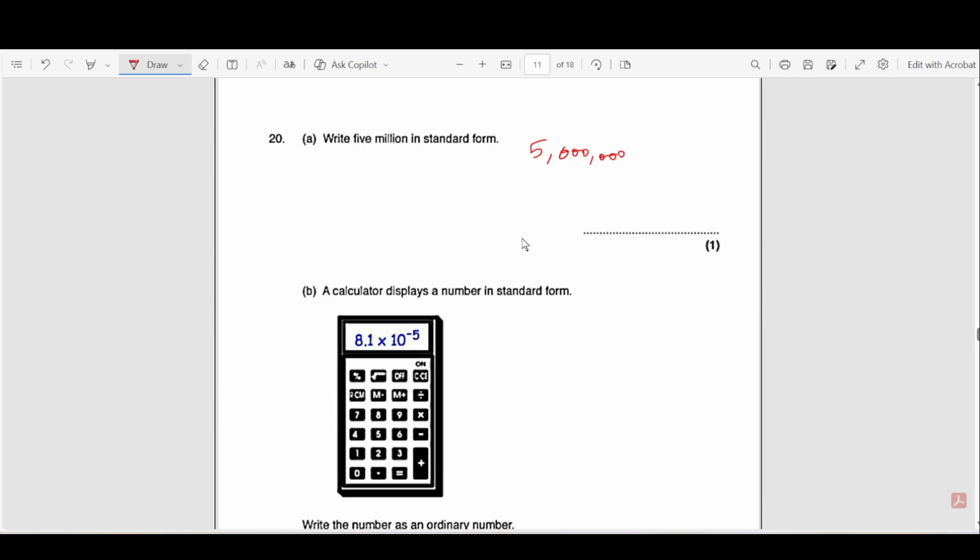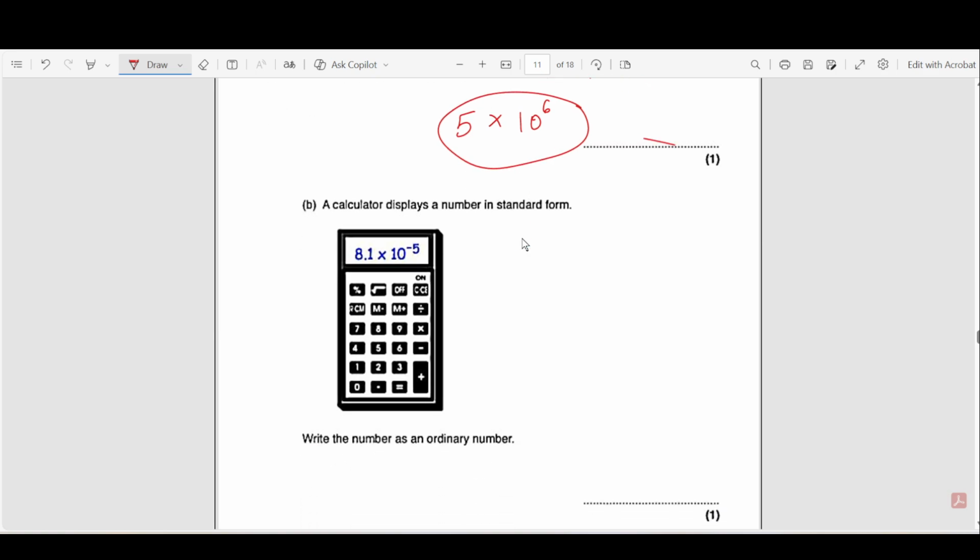To write it in standard form, we write a non-zero number and then multiply by 10 raised to a power n. The non-zero number is 5. 5 times 10 raised to the power, how many zeros are there? 6. So this is going to be 5 times 10 raised to the power 6. That's our answer. This is called standard form.